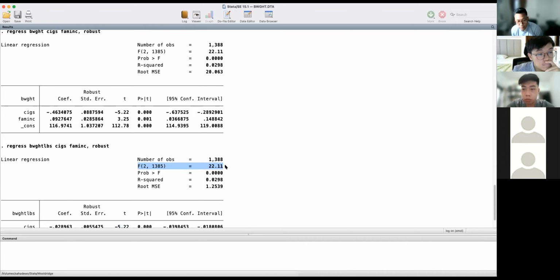Okay, so just to conclude, suppose that we scale the left-hand side variable by a constant, it could be any constant, say C. Then the estimated coefficients on the right-hand side are also going to be divided by a factor of C. The standard errors are also going to be different by a factor of C as well.